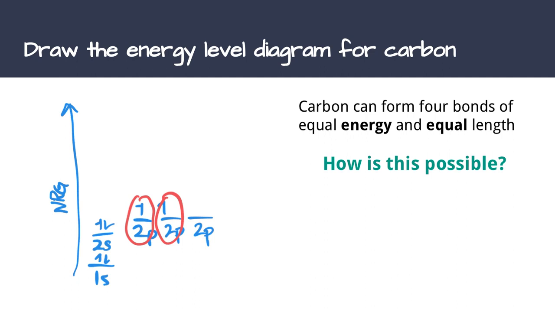Well, essentially what we can do is use something called hybrid orbitals, where we take the 2 electrons in the 2s orbital and combine it with the 3 2p orbitals to create 4 new orbitals of equal energy and equal strength, with 1 electron in each so that we can form 4 bonds.